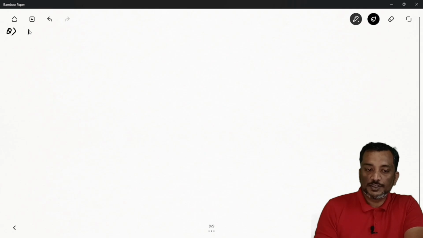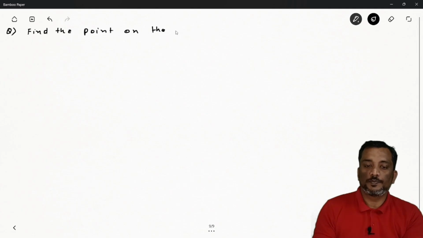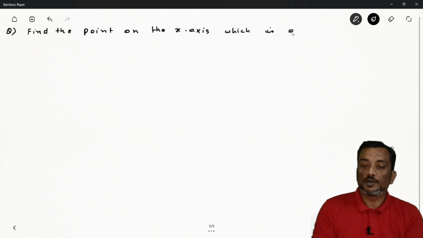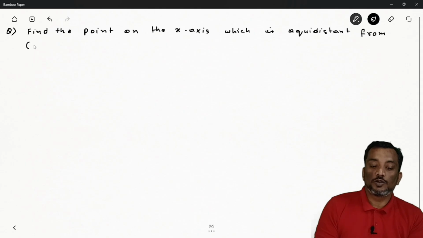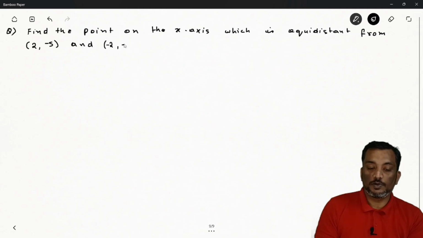They will give you the question: find the point on the x-axis which is equidistant from (2, -5) and (-2, 9).